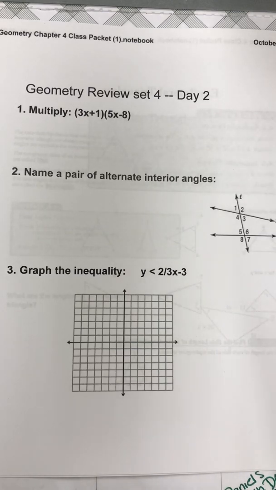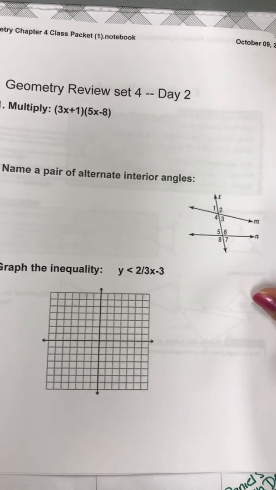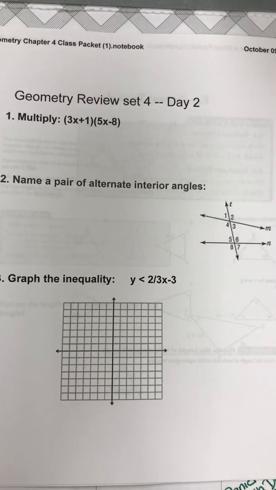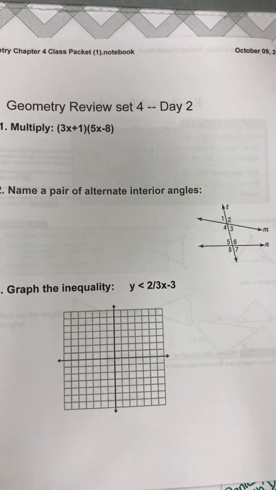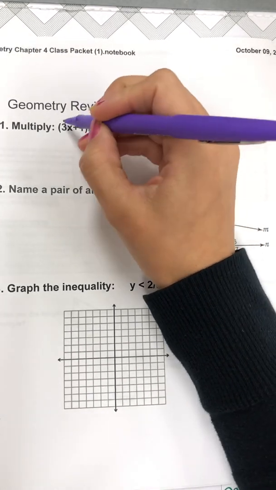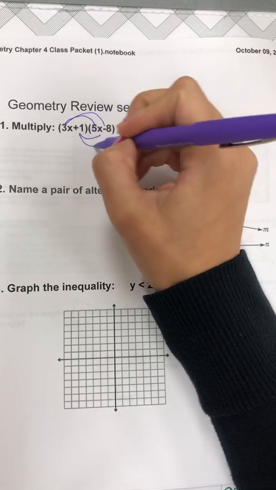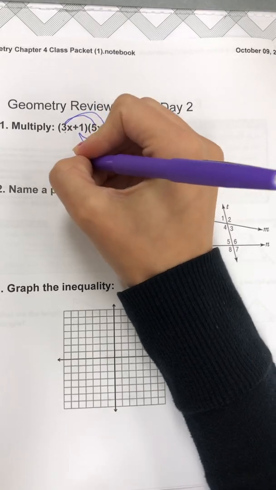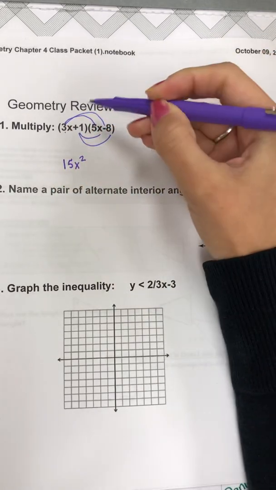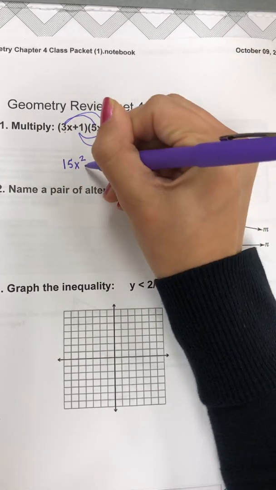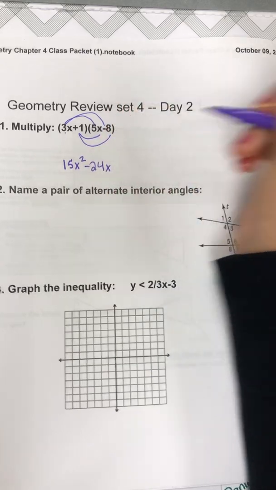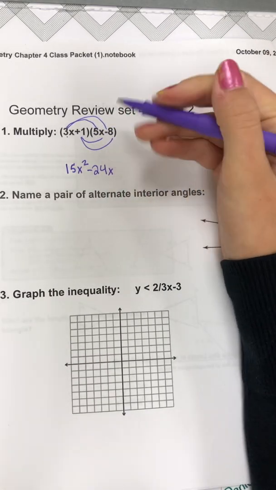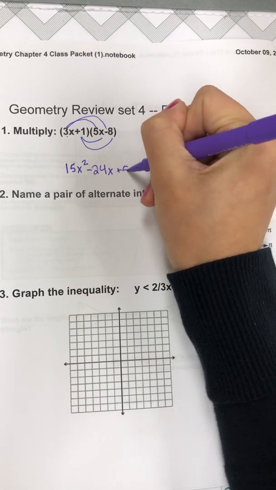So today we started on page 4 of the class packet, which all of you should have, but if not, there's a copy on Google Classroom. So if you remember from yesterday, for this first one, we do it by double distribution. So 3x times 15x is going to be 15x squared. 3x times negative 8 is going to be negative 24x. 1 times 5x is 5x.